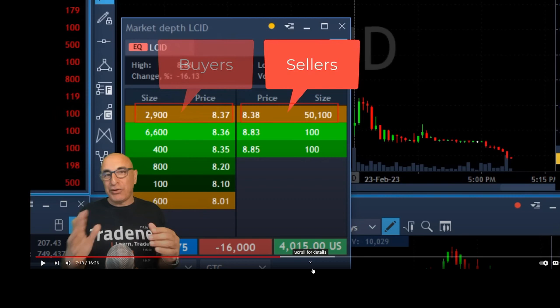So in this trade, he's risking, I'm not sure exactly what he bought it at, but at the current price, if you multiply 16,000 shares times $8.37, that comes to $133,920.